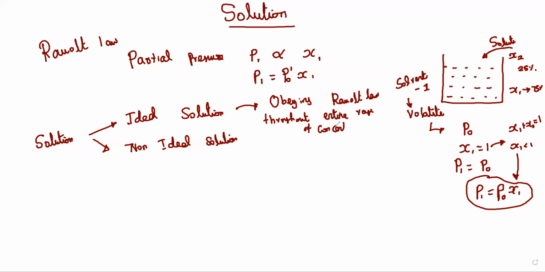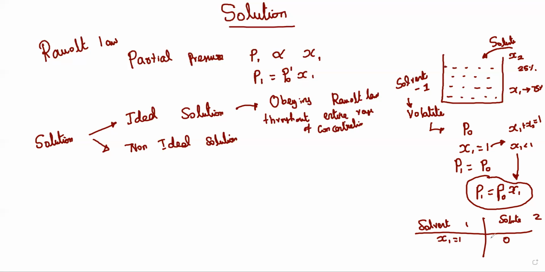For example, here the solvent is 1, and the solute, let me name it 2. Initially, across the entire range of concentration, it should obey Raoult's law. The meaning of that is, initially we have pure solvent only.